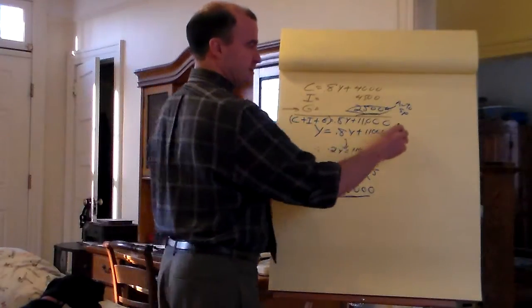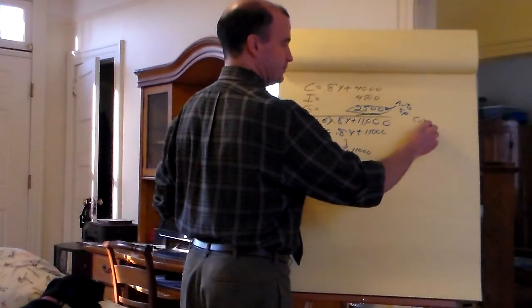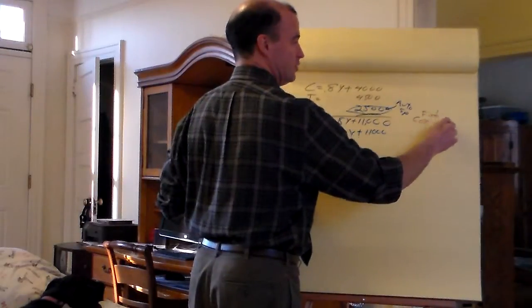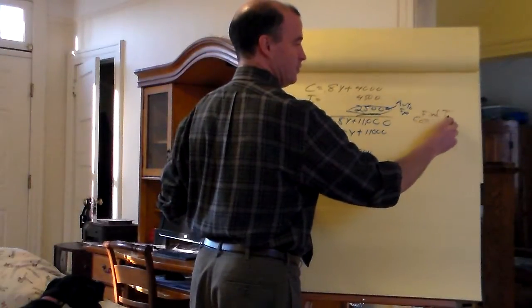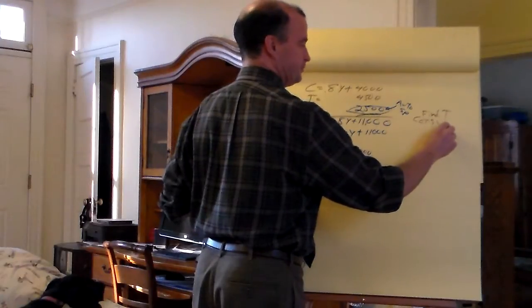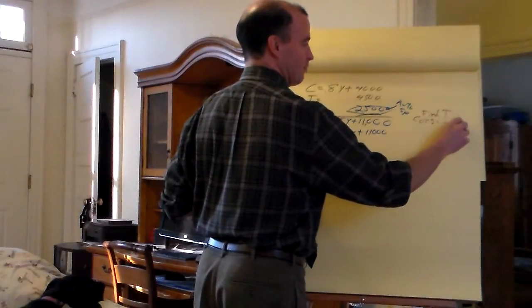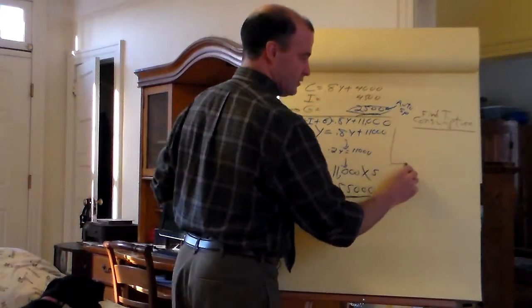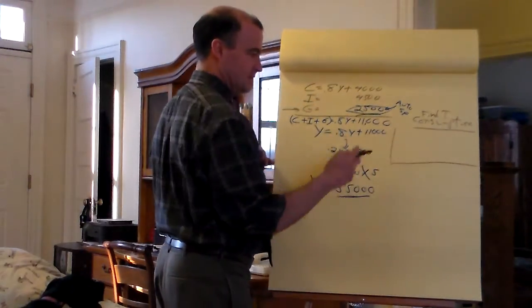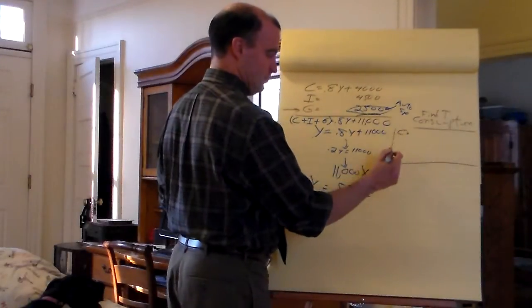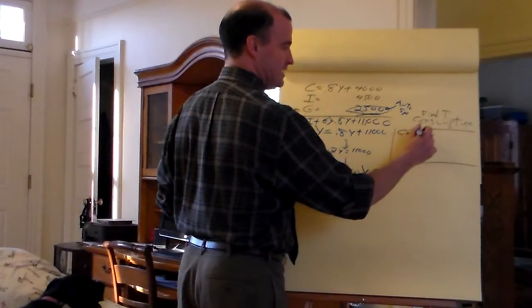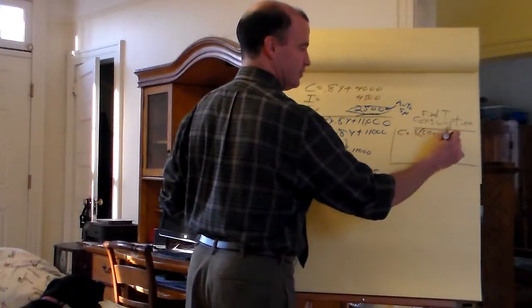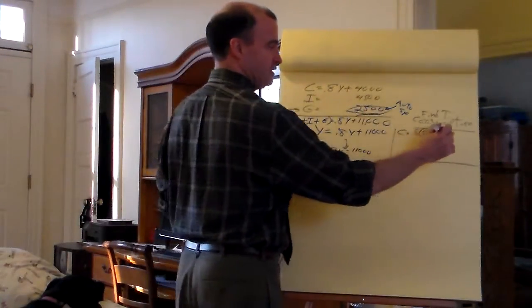All right, let's calculate consumption. Find total consumption. And let's see how this would work. C equals 0.8 of 55,000 plus 4,000.